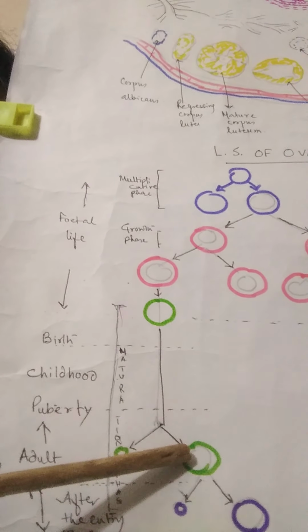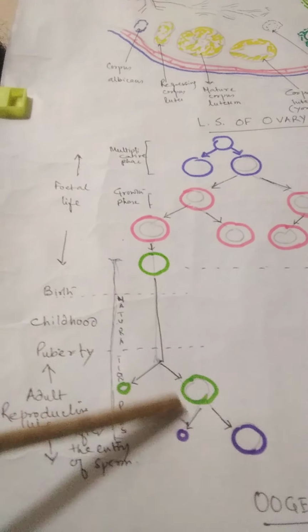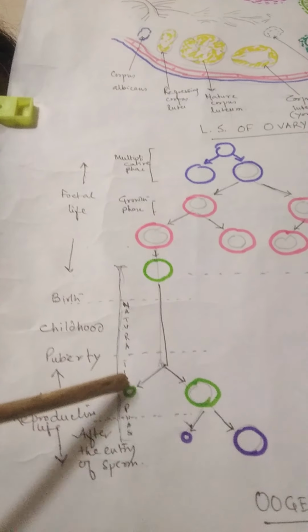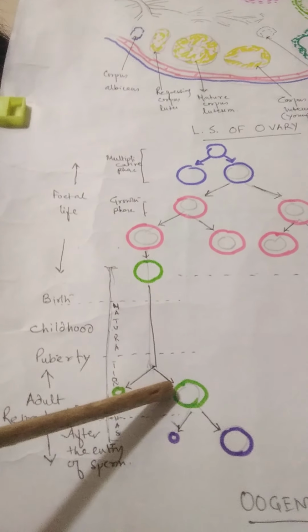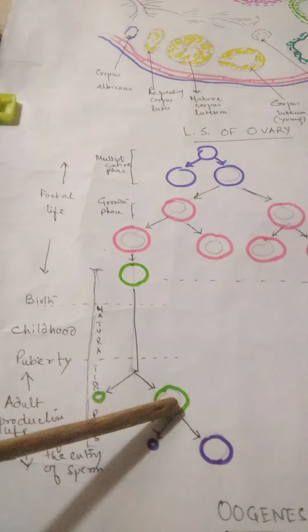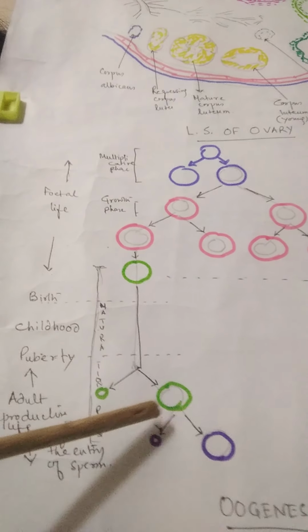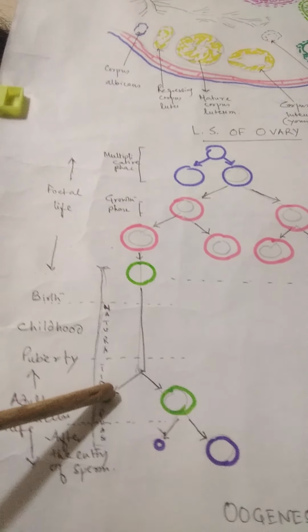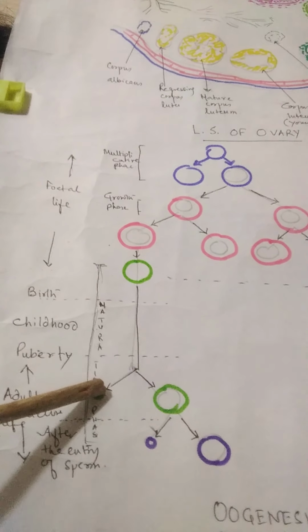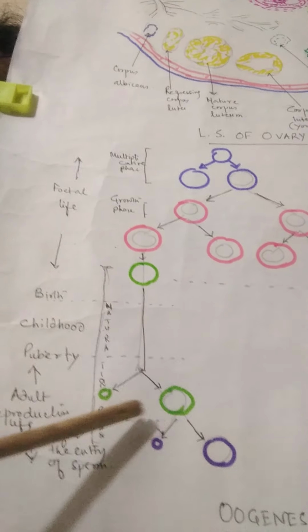meiosis 1 alternately. So one of the primary oocytes completes its meiosis 1 and forms a secondary oocyte and the polar body. The secondary oocyte is the functional one, which will form the egg. It contains the cytoplasm and the chromosomes, but the polar body contains very little cytoplasm.